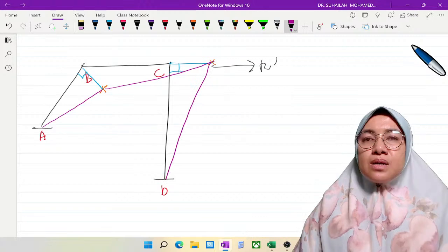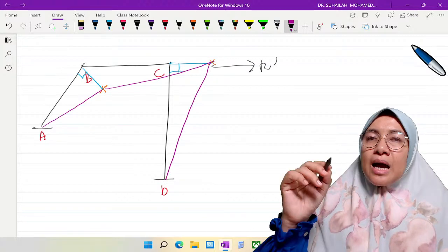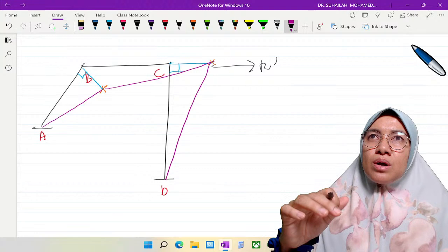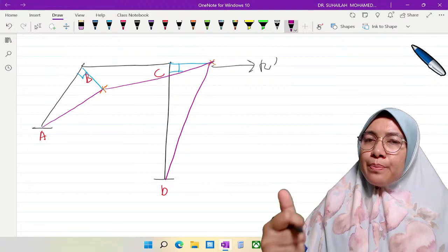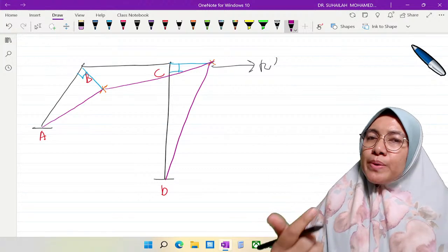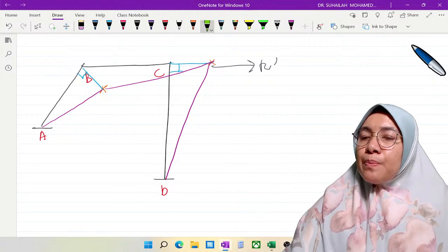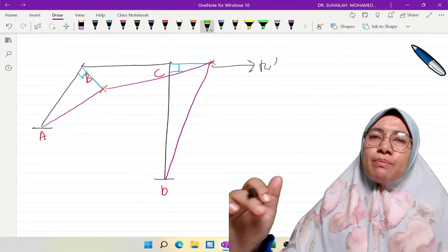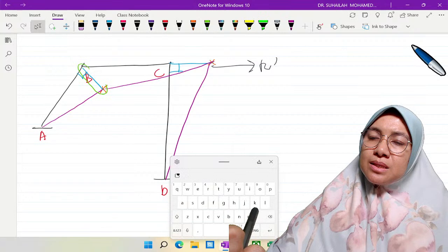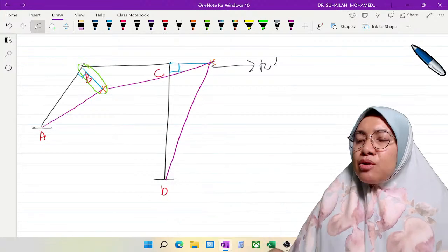Okay, so we want to combine the three delta primes: delta 1 prime, delta 2 prime, delta 3 prime. Delta 1 prime perpendicular to member AB is this one. Perpendicular to member CD is this.